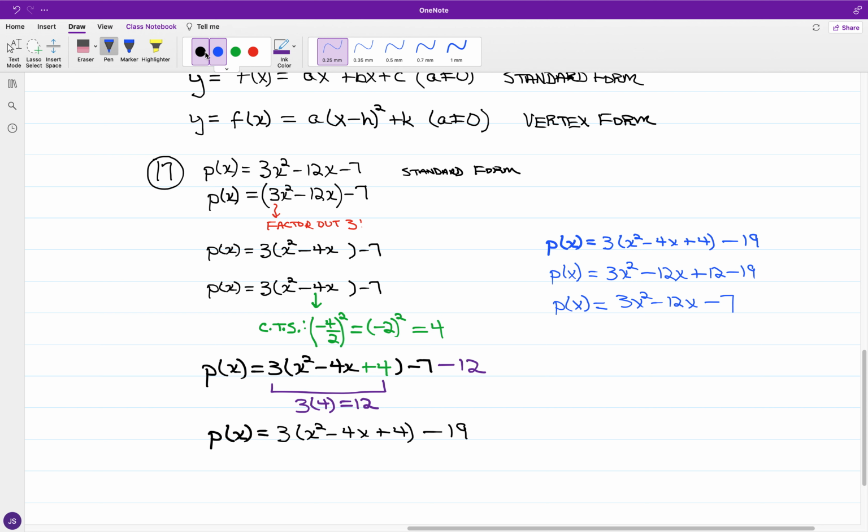And so we're going to transition from the standard form to the vertex form. In the case of p of x, we're going to have the square trinomial with x squared minus 4x plus 4.